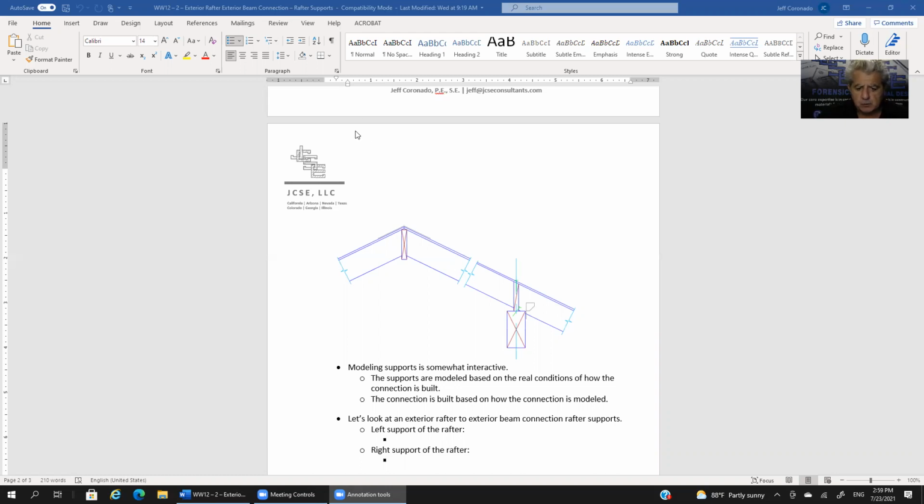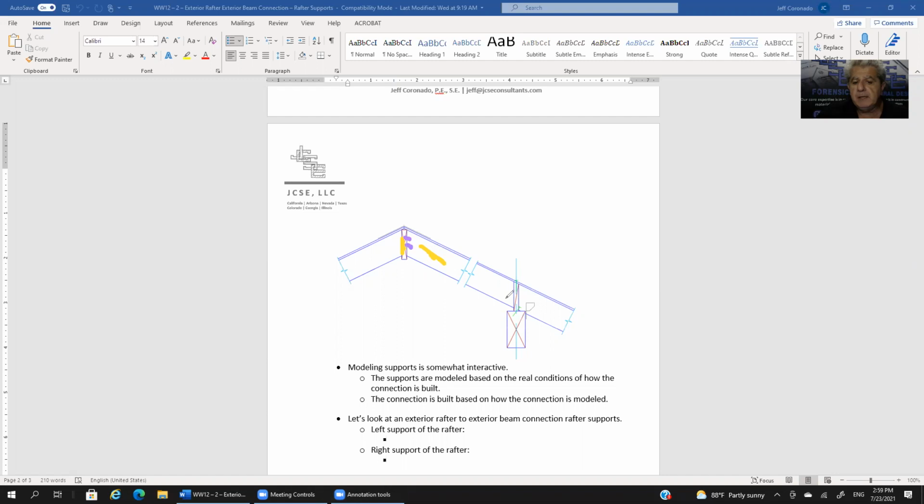Okay, so let's look at a typical way of connecting this rafter to this ridge board. The way that is typically done is with nothing more than perhaps a couple of nails, just a couple of nails.